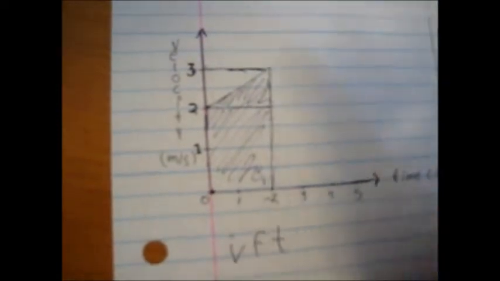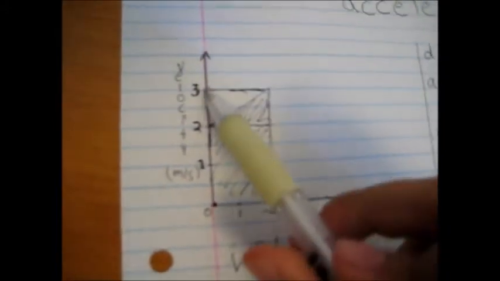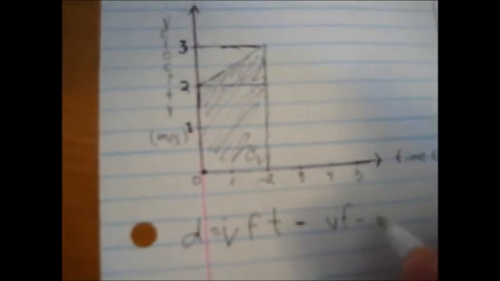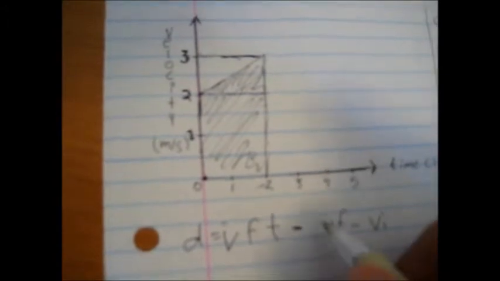So here we have final velocity multiplied by the time minus, that will be final velocity minus initial velocity, oh sorry, so distance is equal to final velocity minus initial velocity multiplied, because we're going to multiply this by the time.